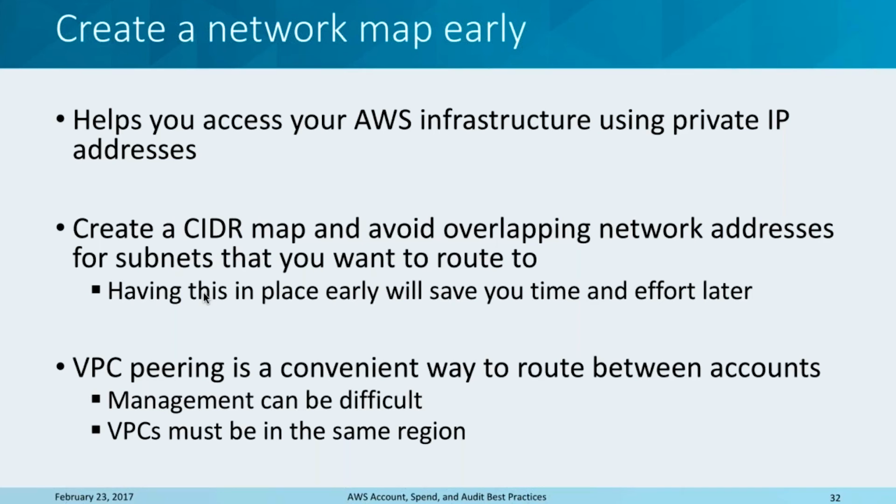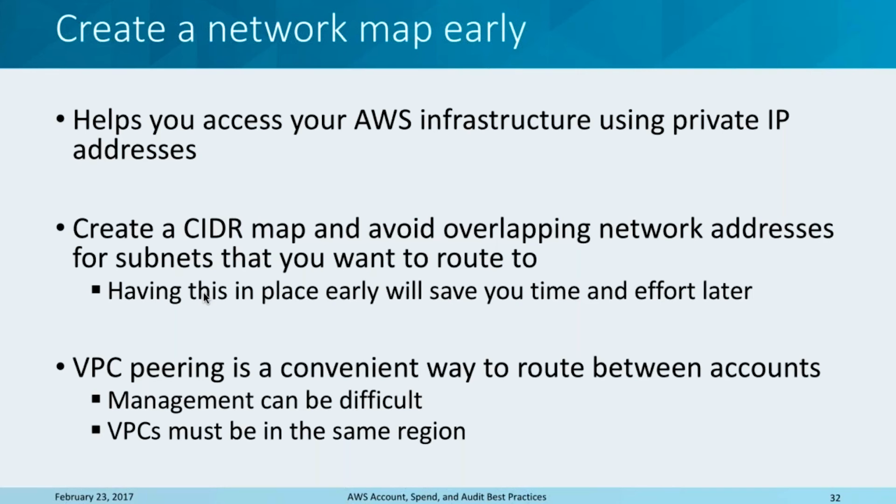But if you want to access resources using private IP addresses, then eventually you're going to want to route between VPCs, and even VPCs in different accounts. So in order to make that simpler, you want to ensure that the subnets and VPCs you're creating have non-overlapping CIDR blocks, or IP address ranges, essentially.